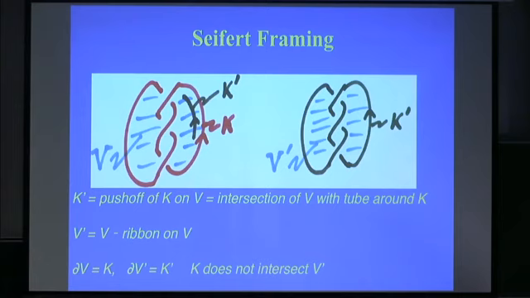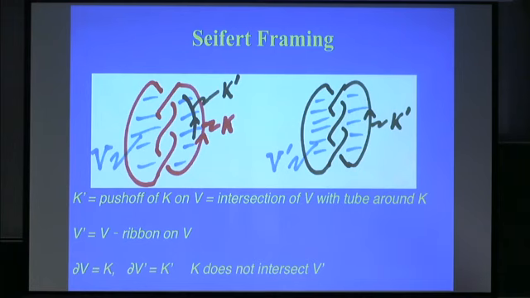And you can get V prime from V by simply erasing the interior of the ribbon, giving you the black boundary thing here. You get a surface V prime that does not intersect K at all. So the intersection of the red one, K, and V prime, which is what you get by deleting the interior of the ribbon, is the empty set.